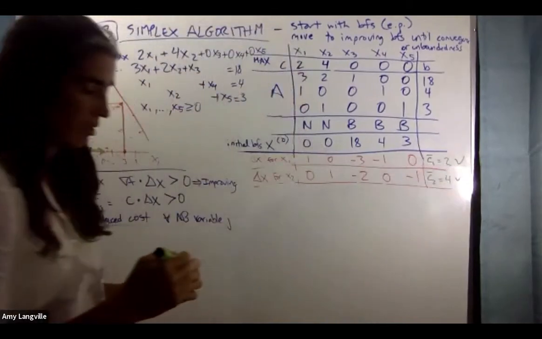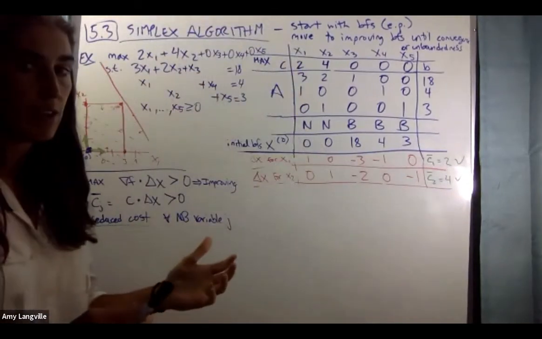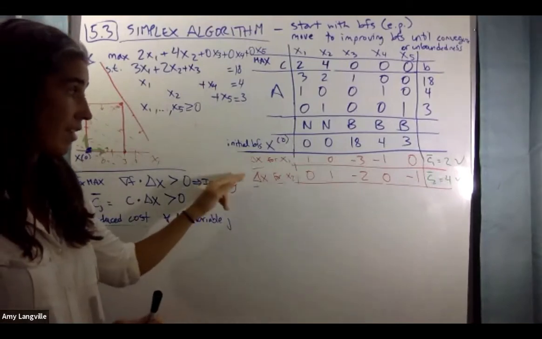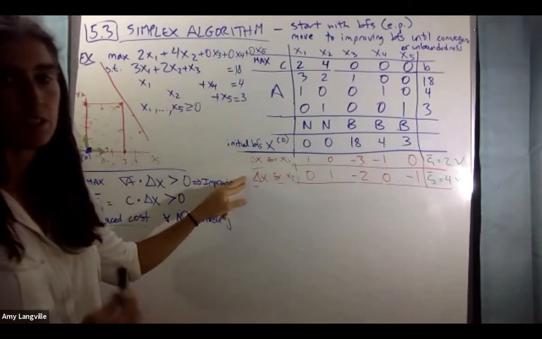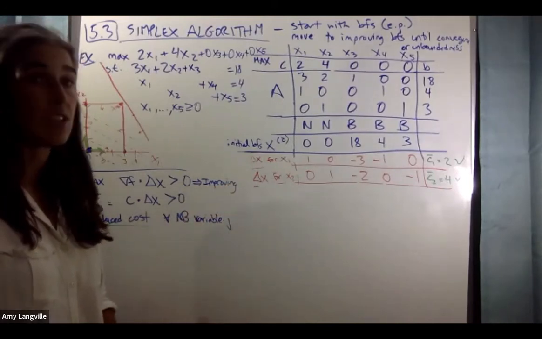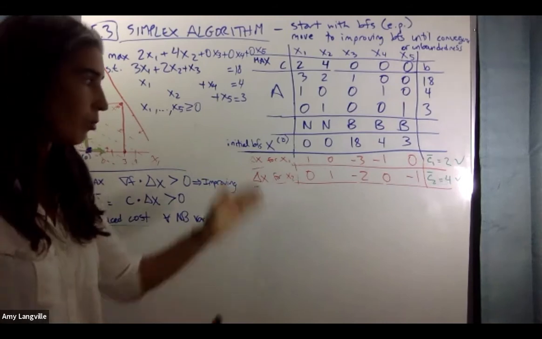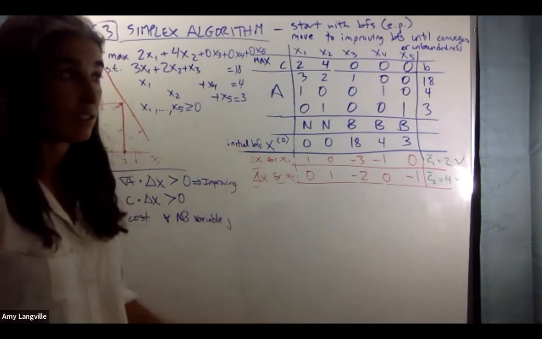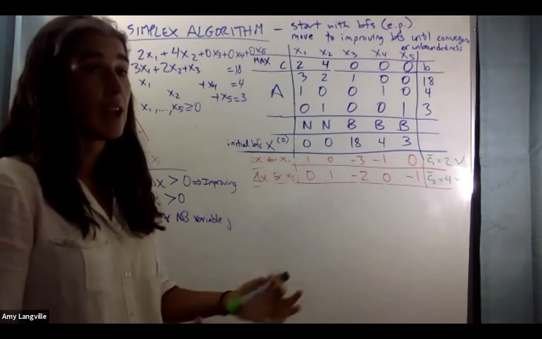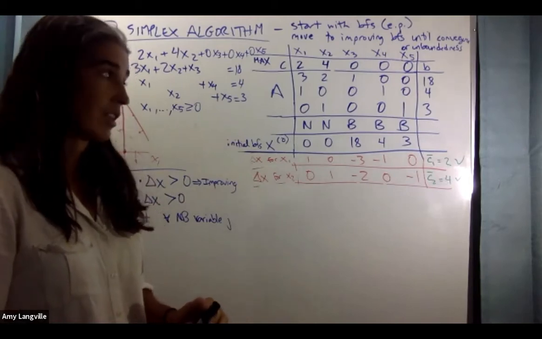We can use either. And there's different strategies, different industrial codes. Sometimes some say, hey, do a greedy approach. Take the one that gives the most improvement of all the ones. Some of them say, just take the first one. It doesn't even matter. I don't need to compute all of them for every non-basic, because again, remember that scenario I just had, suppose there were 15, suppose there were 1,000 different non-basics that I could choose.